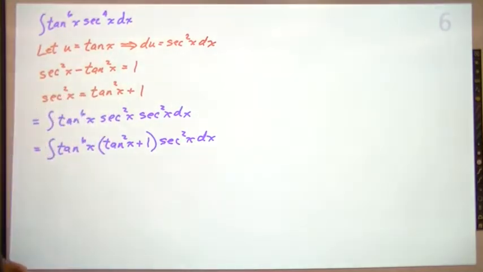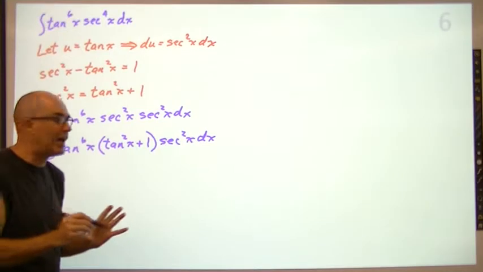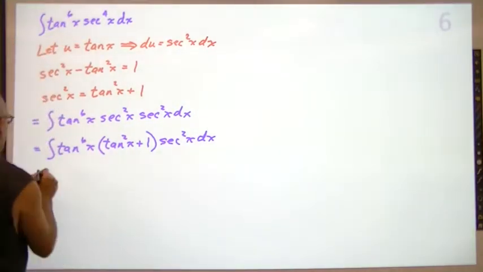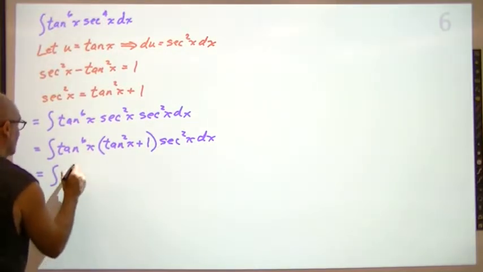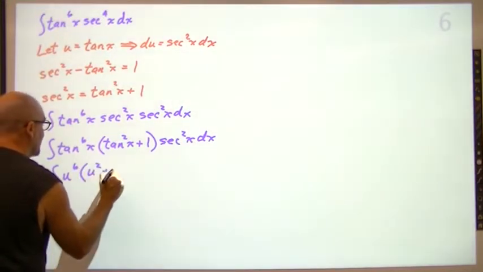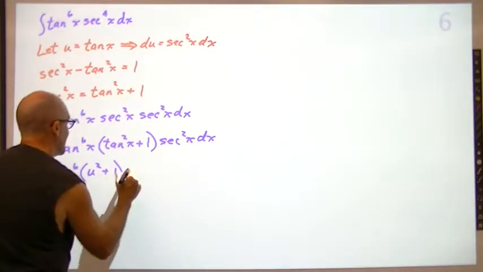Okay, so now we're ready to go. We have all tangents except for the secant squared x dx that we squirreled away. So now we can say let u equal tangent x. So that means I have the integral of u to the 6th times u squared plus 1 times secant squared x dx, which is the du.